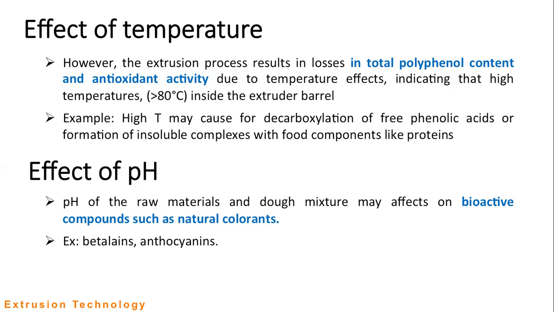Effect of pH. I suppose you remember that on the first day I discussed that pH is very important to maintain the quality of extruded food products. Sometimes we add citric acid to the dough mixture to get a quality product.